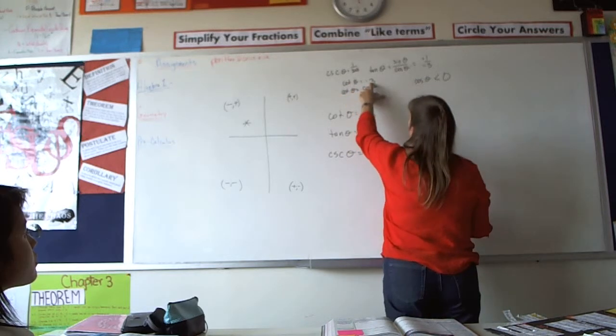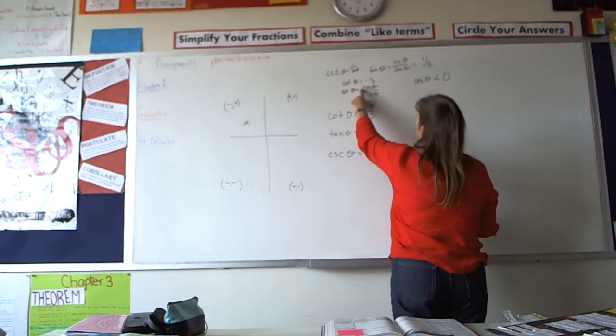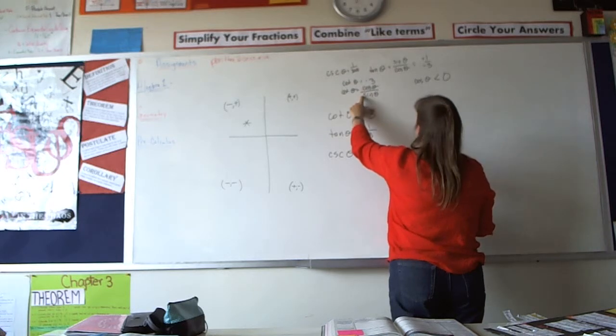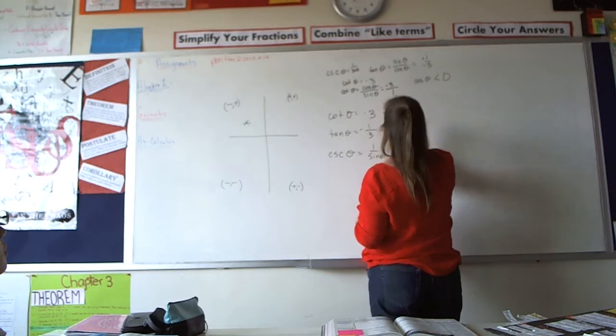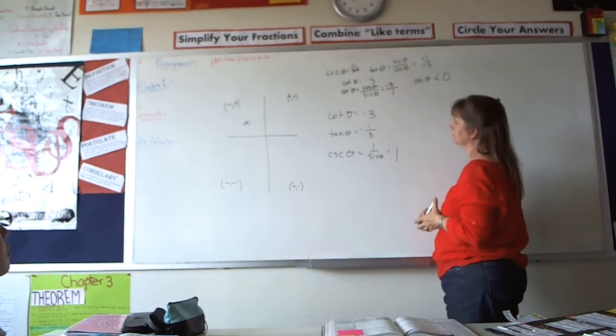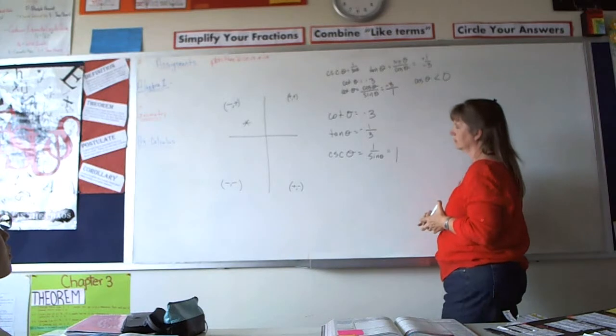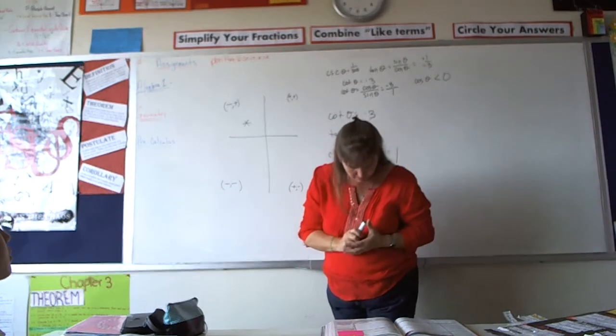Cotangent is equal to -3. Let me think about this just a minute. We missed something somewhere.